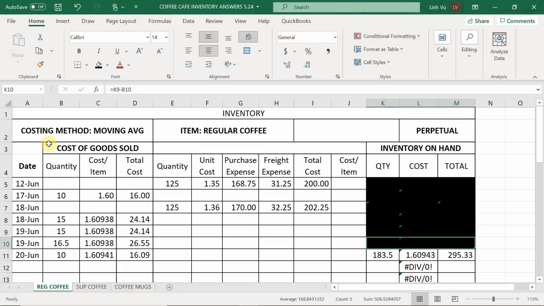We've been doing about 4 transactions with this very particular inventory worksheet. I want to make sure everybody's on the same page, so instead of leaving you behind, I need to catch you up.